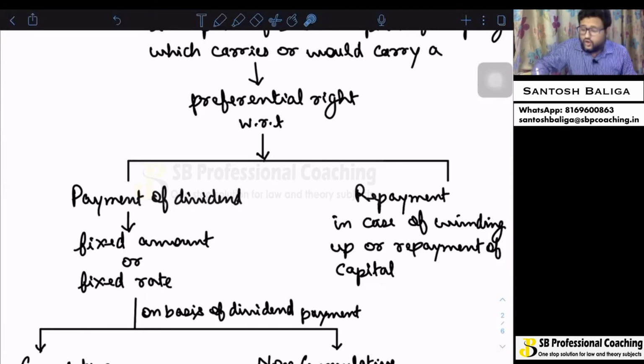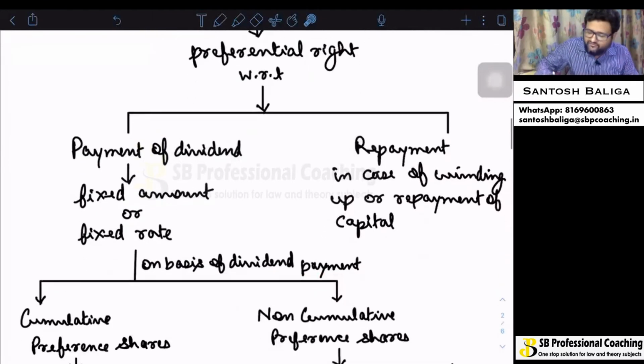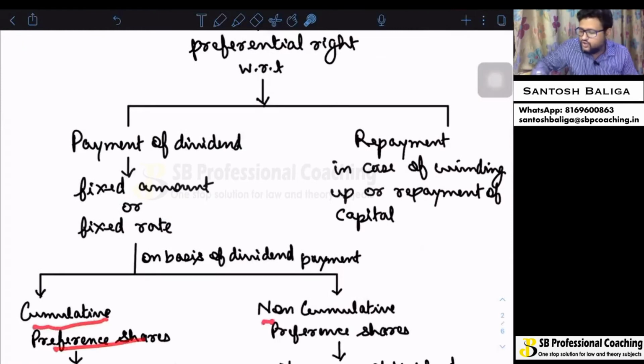Now, on the basis of dividend payment, the preference share capital may be classified into two. One is cumulative preference share capital and the other is non-cumulative preference share capital. When we speak about cumulative preference share capital, that means the annual dividend promised by the company will have to be given by the company.